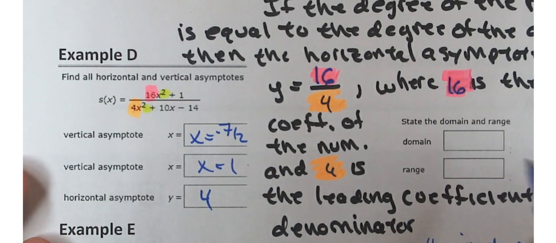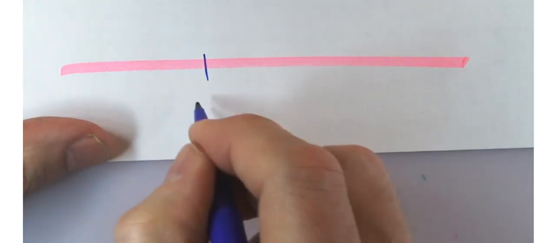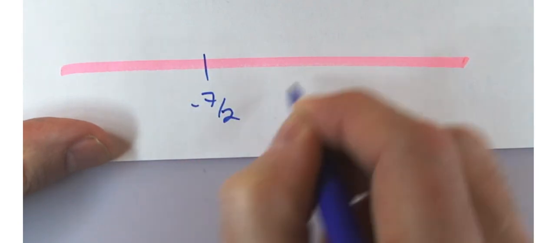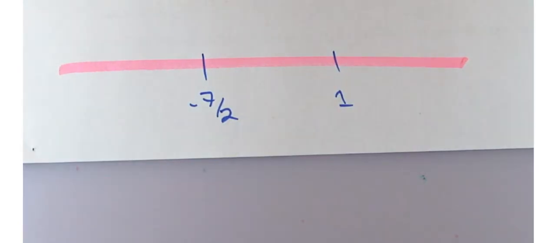So we've got to plug in everything else but those. So let's see if we can figure out the domain. It might help you to draw it all out.